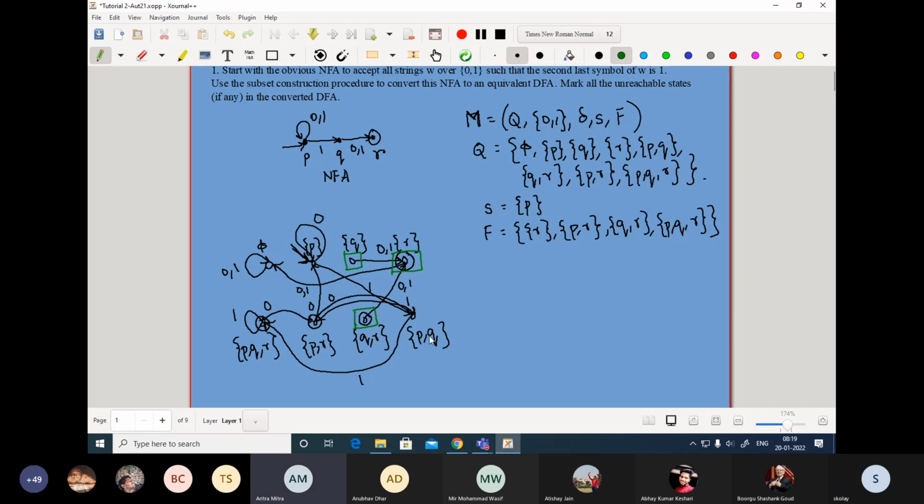And for R, we can go from Q and Q comma R, and both of those are unreachable. Right. So the idea is this: Q does not have any incoming edges.